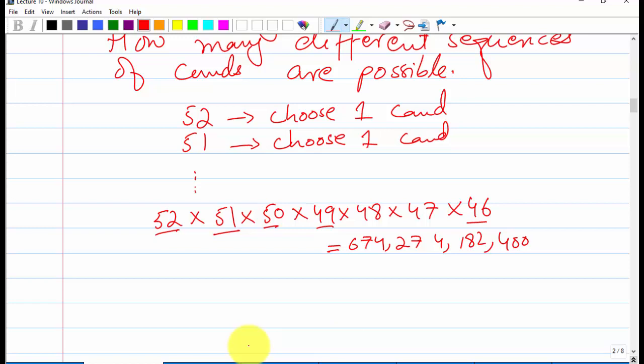Sometimes these experiments are more complicated in practice, but there are some techniques to find the size of the sample space, and all follow the fundamental principle of counting.